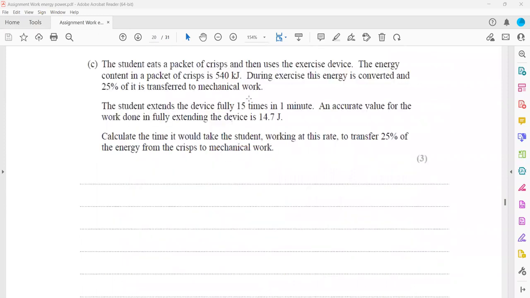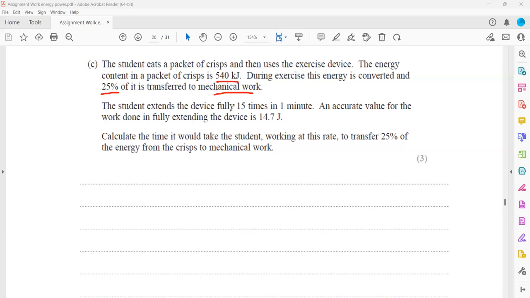A student eats a packet of crisps and then uses the exercise device. The energy content in a packet of crisps is 540 kilojoules. During exercise, 25% of this energy is transferred into mechanical work, and the remaining 75% of the energy is wasted in the form of heat.